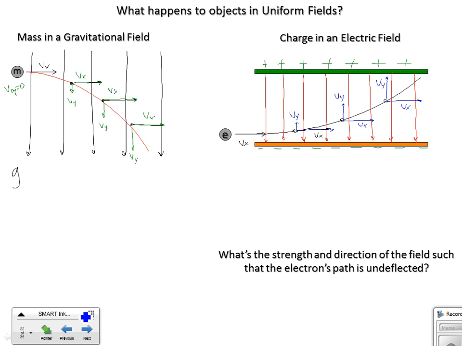Over here, for the mass in a gravitational field, we could say the acceleration in the vertical direction is g. And over here, the acceleration in the vertical direction is E. Remember, we've used this both as acceleration and as gravitational field strength.